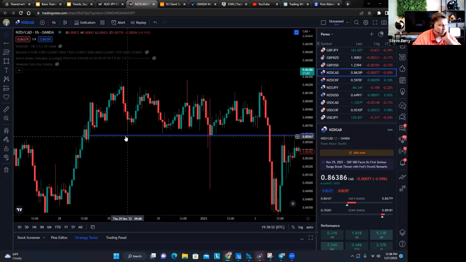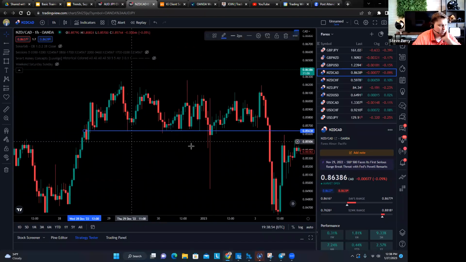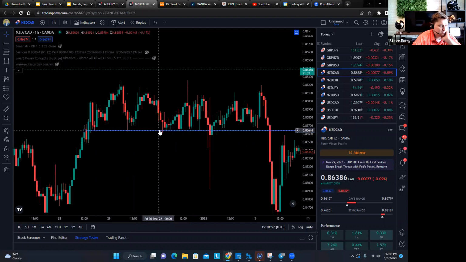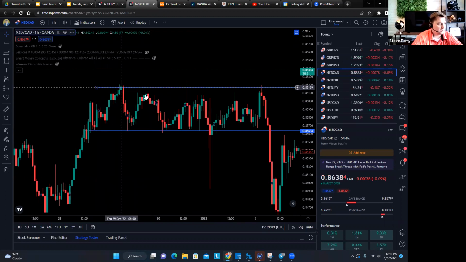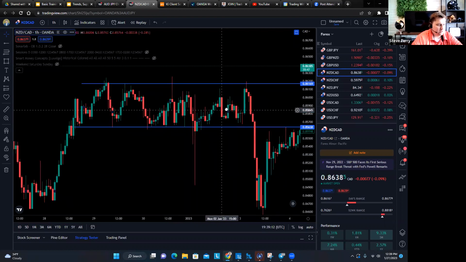So this is a support area, right? This is all kind of support, touches multiple times, support. And then this is generally your resistance right here. So you've got the market that comes here, touches, touches here, touches here. Ultimately, the market breaks down.